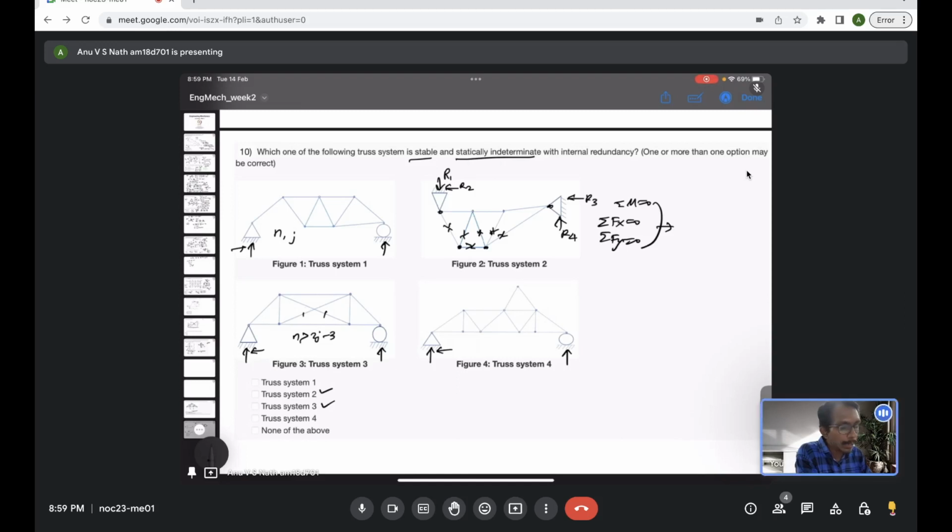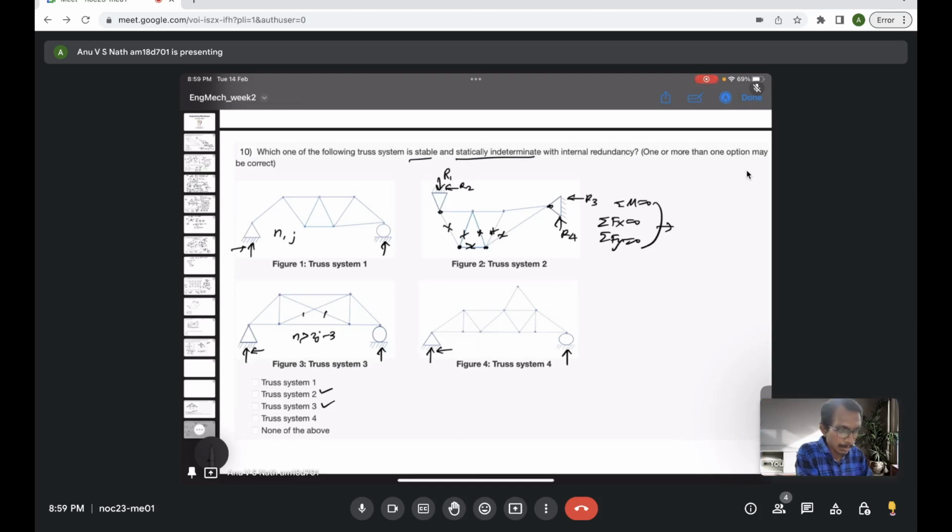So it is internally determinate, but externally statically indeterminate. Yes, that is true. So internally I agree it is determinate, but externally there is an indeterminacy present.